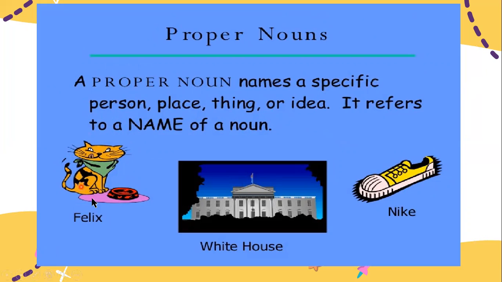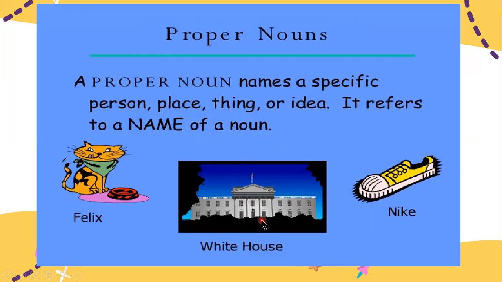For example, this is a cat. We know this is a cat. We name this as Flexi cat. We are specifying it, talking about that particular thing. So that's called proper. The noun names which specify a particular person, place, thing, or idea refer to the proper noun. It refers to the name of a noun.